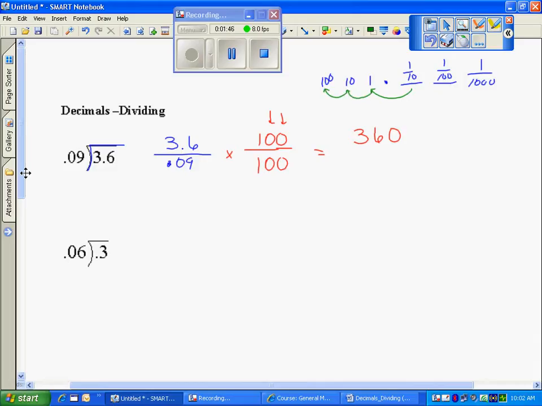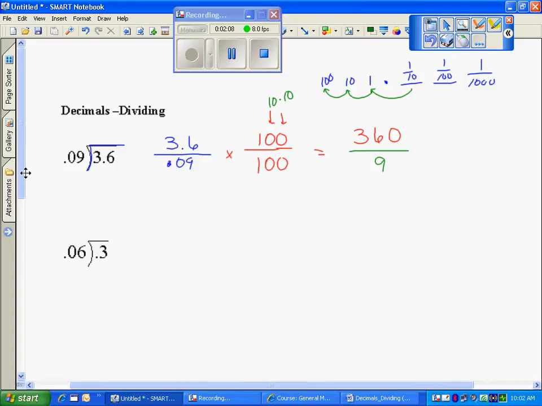In 100 there are 2 10s. So if I shift my decimal place 2 points, 3.6 is going to get bigger and turn into 360. Likewise, 9 100ths times 100 is going to be 9.